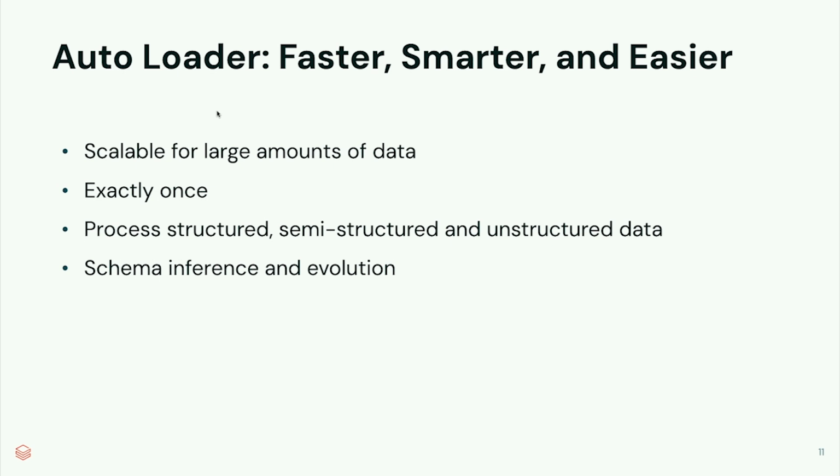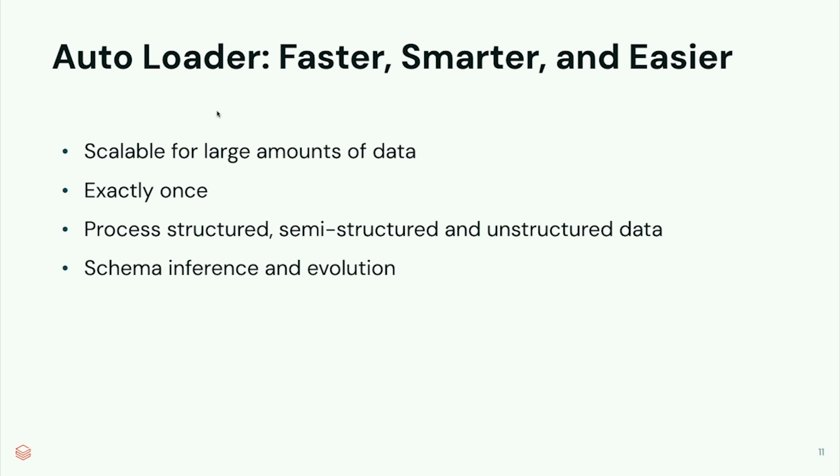So what is Auto Loader? It's basically a structured streaming data source that can help you ingest data incrementally from the cloud. It does so in an exactly-once fashion, meaning once a file is ingested, we're not going to read it again and create duplicate records in your destination. It can handle many types of structured and unstructured data, whether it is PowerPoint files or JSON or CSV.